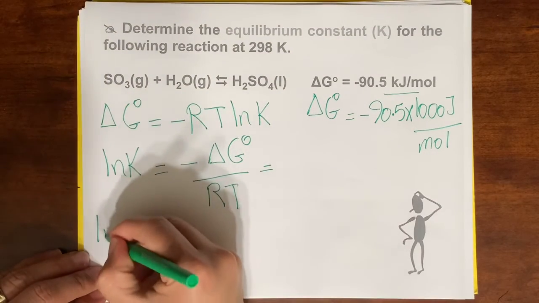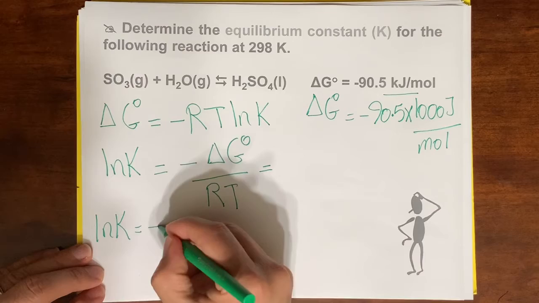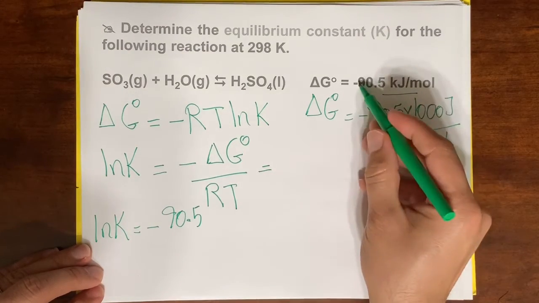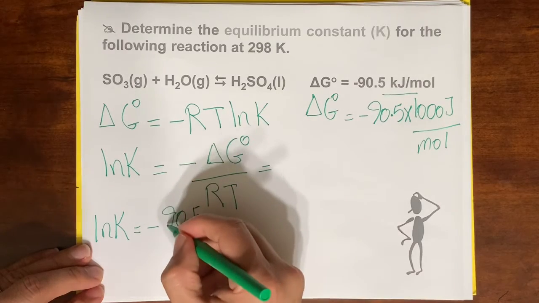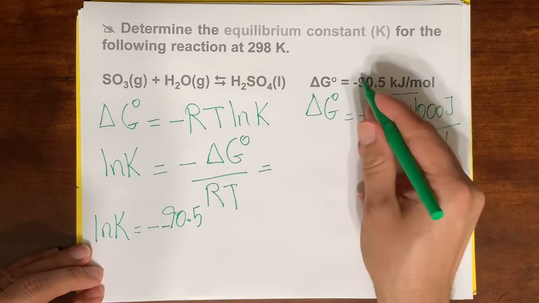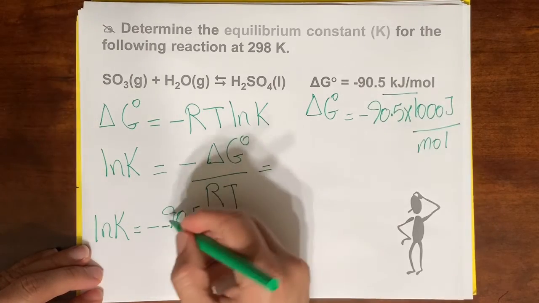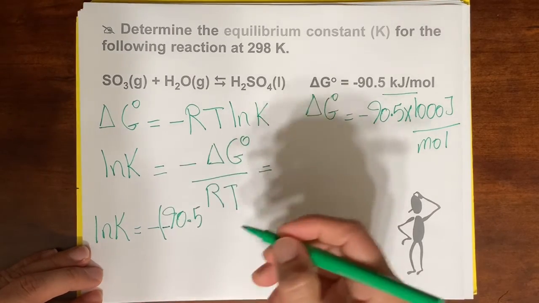So I get ln of K equal to minus, and the delta G0 is negative 90.5, so it will be negative from the formula, negative from the delta G, and negative with negative will be positive.